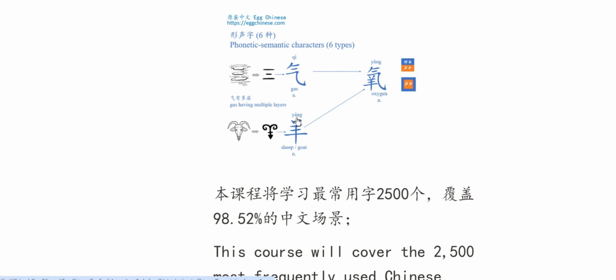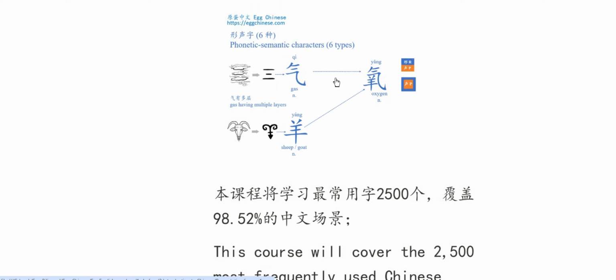So we can see the pronunciation of this character and this character are very similar, or they rhyme, and we combine these two characters together to create this new character, meaning oxygen.